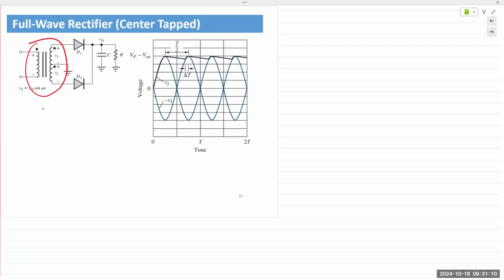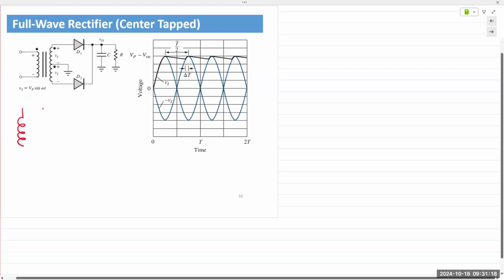And the way it would work is like this. And I'm going to draw slightly. So I'm drawing a simplified version of the same circuit.